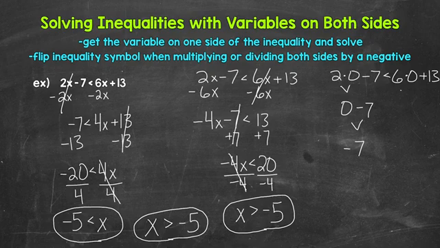Now as far as the right, 6 times 0 gives us 0, and 0 plus 13 gives us 13. Negative 7 is less than 13. So is that true? Yes. So 0 did work here. We are correct. Again, our final answer, x is greater than negative 5. So any value greater than negative 5 will work for x.